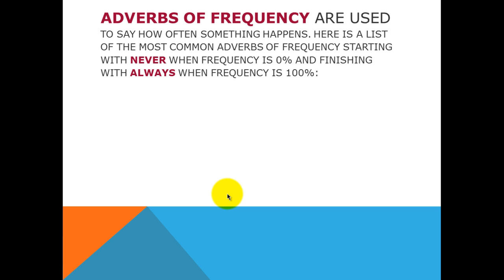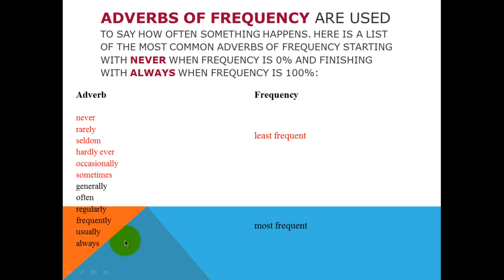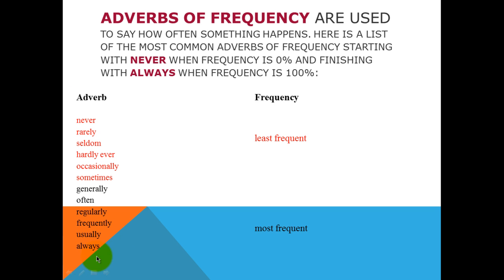Here is a list of the most common adverbs of frequency, starting with never, when frequency is 0, and finishing with always, when frequency is 100%. So here it is. Here are the adverbs. Alright. Here are the frequencies. Okay, so least frequent and most frequent.